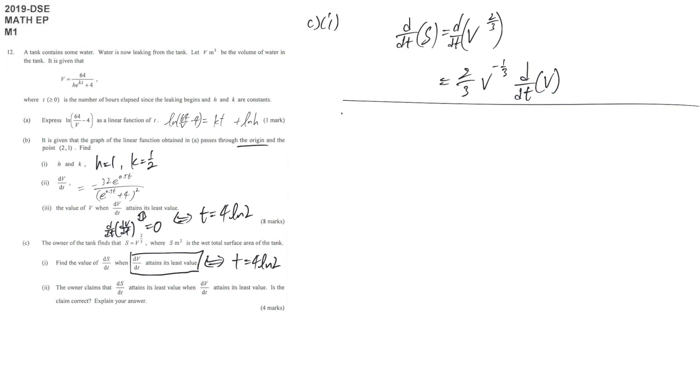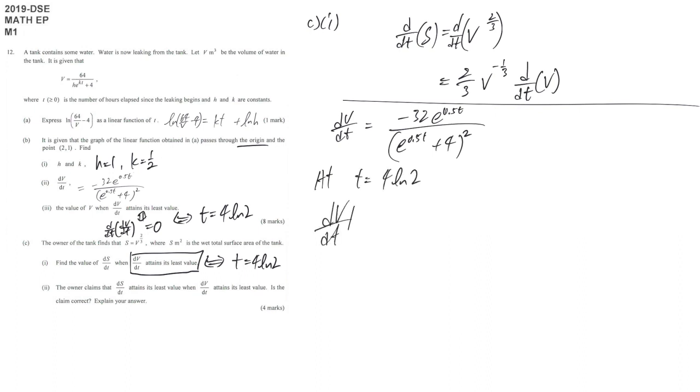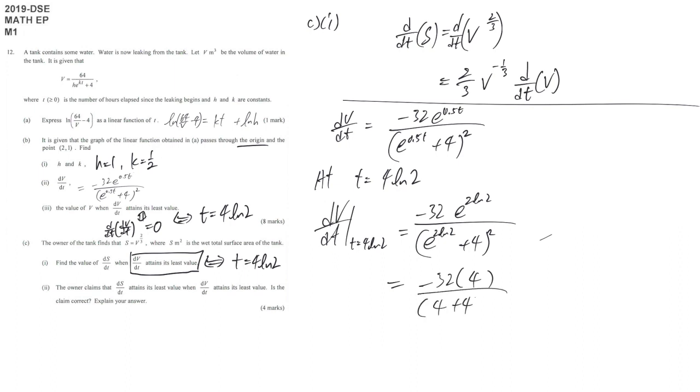So we recall that dv/dt is equal to natural log 32 e to the power 0.5t divided by (e to the 0.5t plus 4) whole thing squared, at t equal to 4 natural log 2. We explain that this part is 4. So this is negative 2.